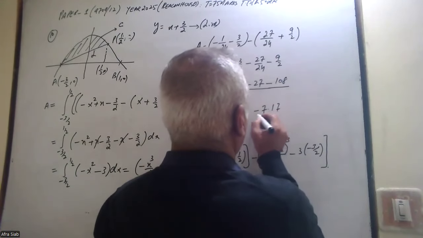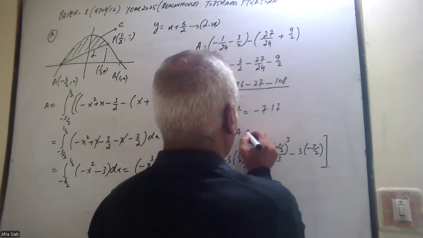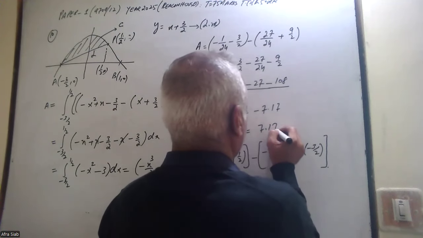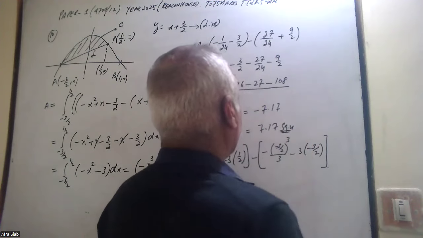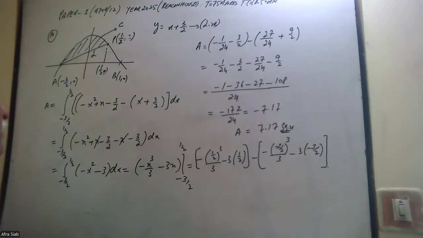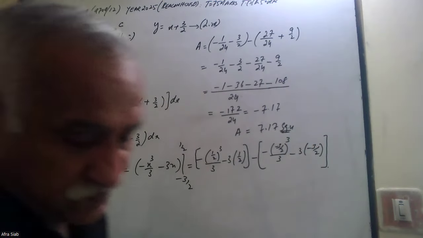But since area cannot be negative, that should be equal to 7.17 square unit, which is the area of this whole shape there.